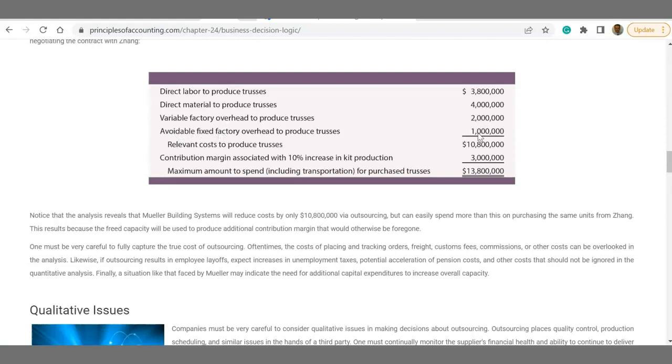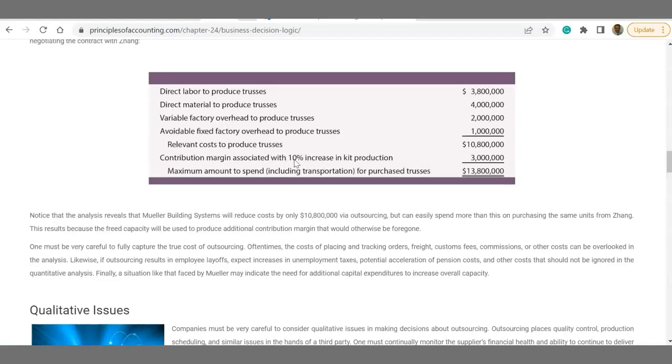So here we have the relevant cost to produce truss, which is 10,800,000. Contribution margin associated with the 10% increase in kit production because of that outsourcing, we have a $3 million increase in contribution margin because of having the opportunity to increase the production by 10%.